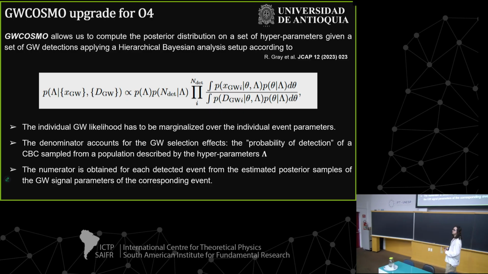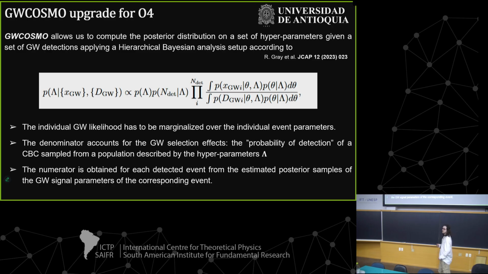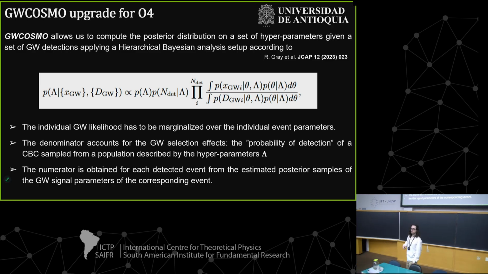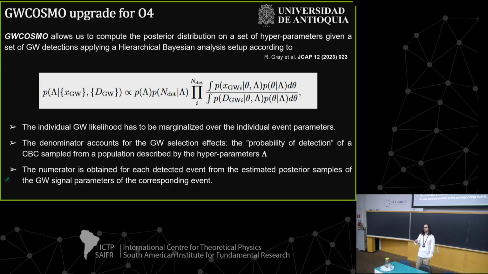For example, if the event is very far away and the masses are very small, you don't get a signal strong enough to be detected. But it is produced, so you need to account for the fact that you don't see it. These are the selection effects. We also call this the probability of detection, and it is in the denominator.